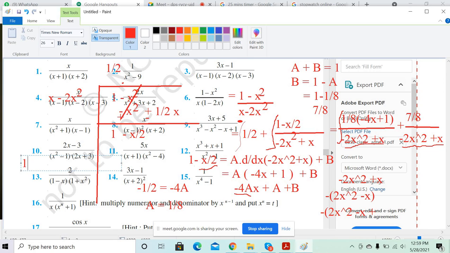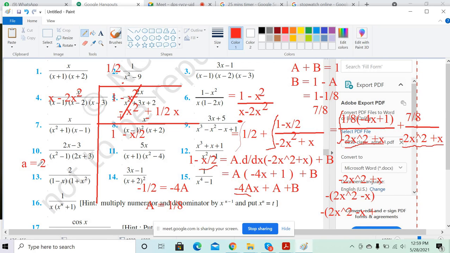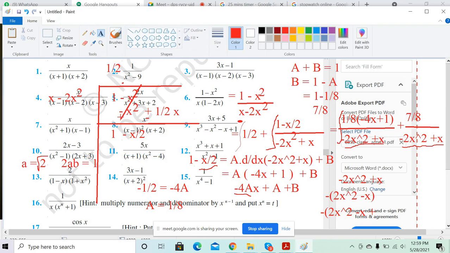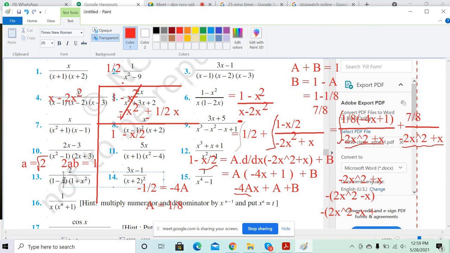So let's see that. Let's say a is root 2x, and 2ab is only 1, isn't it? So basically 2ab is equal to 1. So b will be equal to 1 by 2a, where a is root 2, so b is 1 by 2 root 2.